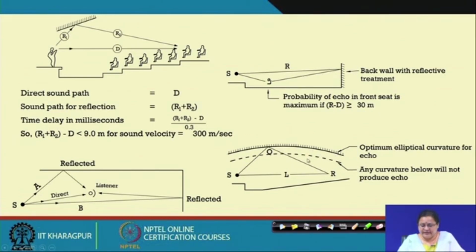So, any curve below that particular height will really not lead to any problem caused due to echo. So, if you draw the boundary condition of echo and plan your curvature, if you keep in mind that the radius of curvature does not converge within the floor area, then you can have a shell structure.